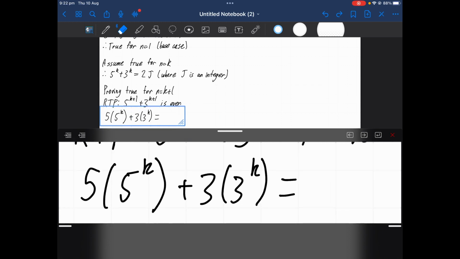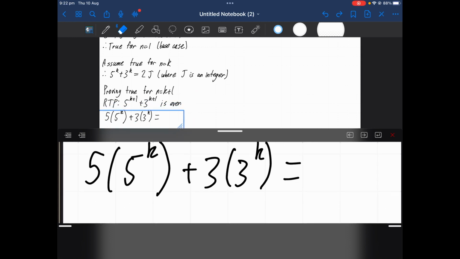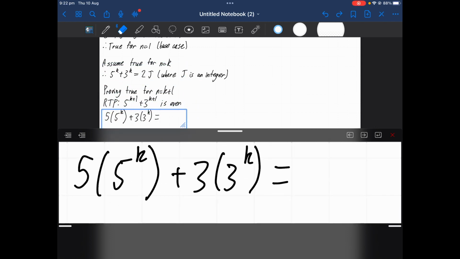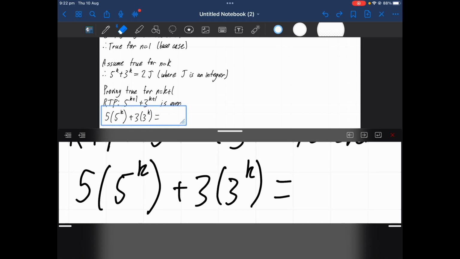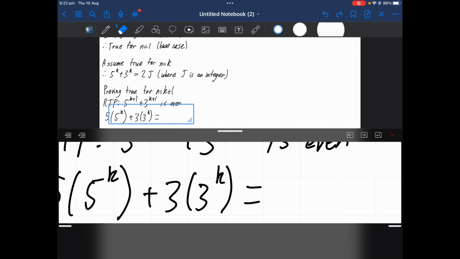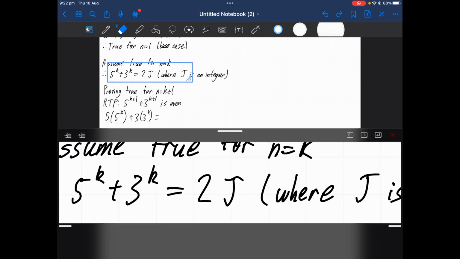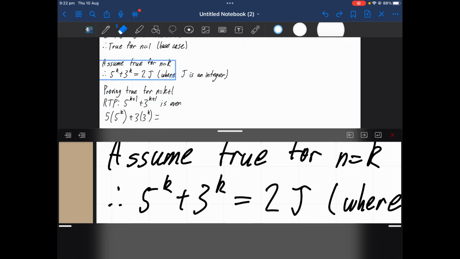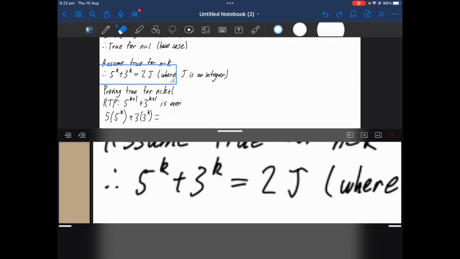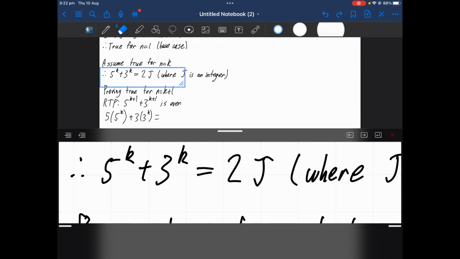So in this case it's a little bit different. We have to pick which one we're going to substitute into. It doesn't really matter which one, but we want to pick something to substitute into this so that everything's in terms of the same sort of term, right? So if we pick the 5^k, if we want to keep it as 5^k's, then that means that the 3^k needs to be changed to 2j - 5^k so that we have just 5^k's now. And if we pick the 3^k to stay the same, then we need to change the 5^k to be 2j - 3^k.